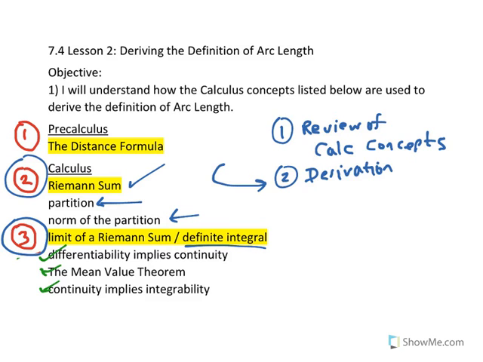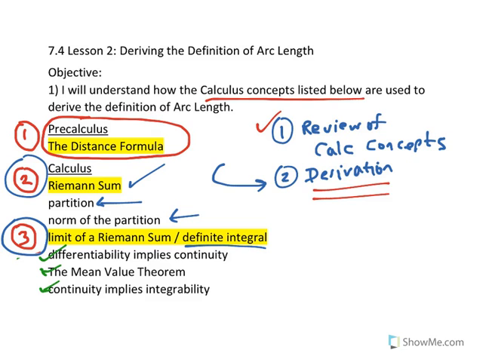So now we have reviewed the calculus concepts that we need to understand the derivation of the definition of arc length. And that is our objective, and we're ready to look at it. You will understand how the calculus concepts listed below are used to derive the definition of arc length. But of course, we actually have to begin with precalculus, just like we did in calculus AB.